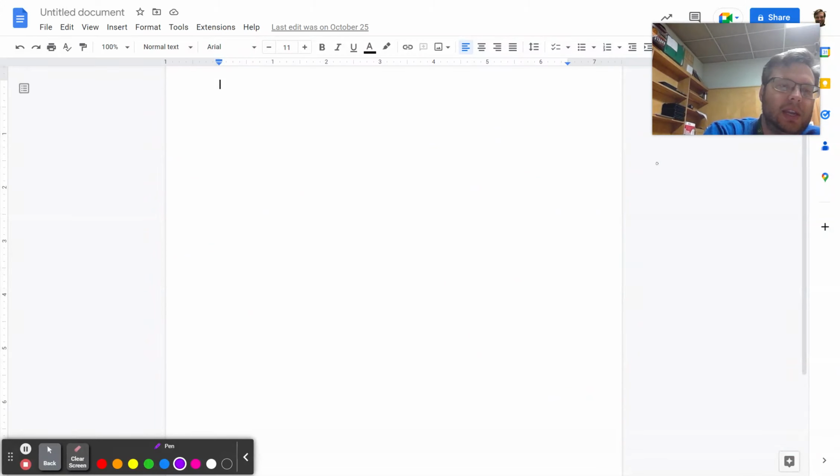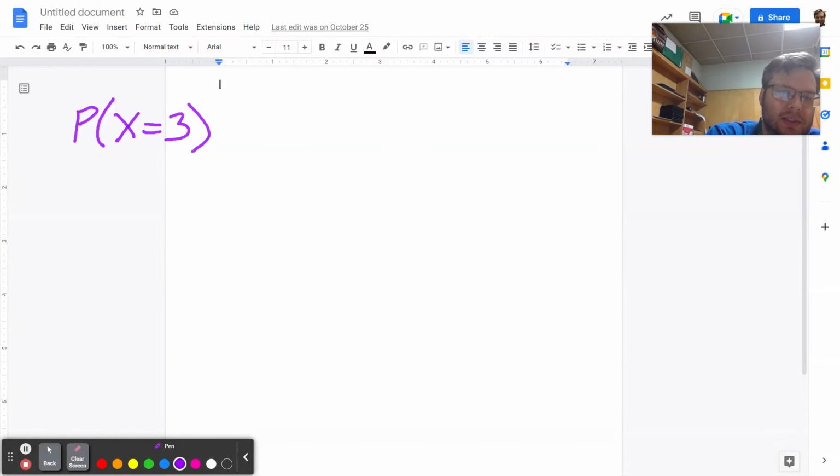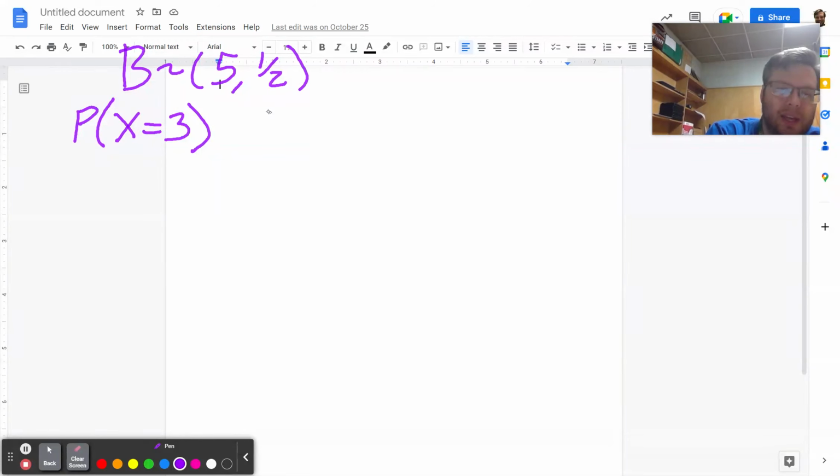So let's look at what is the probability of getting exactly 3 heads when we're looking at a binomial distribution where we have 5 tosses with a probability of 1/2 being heads.